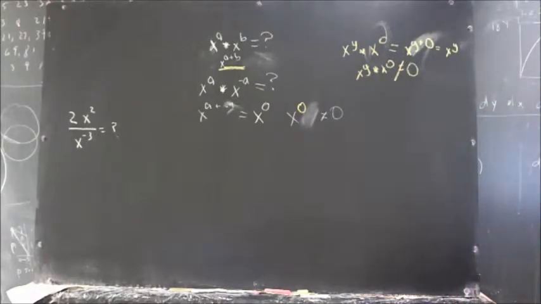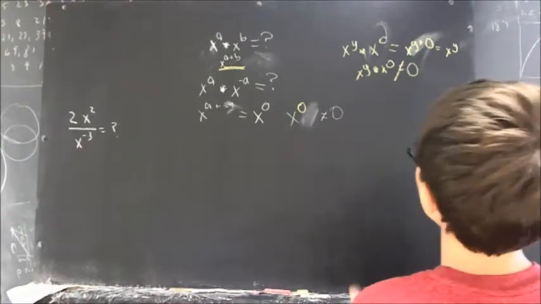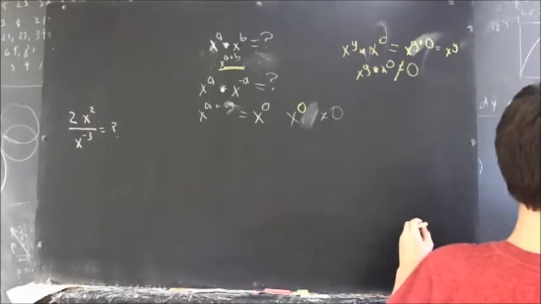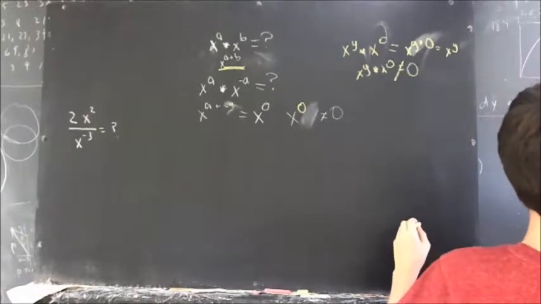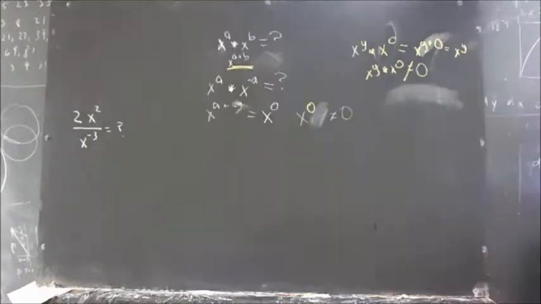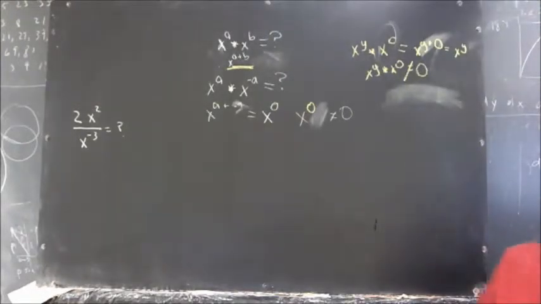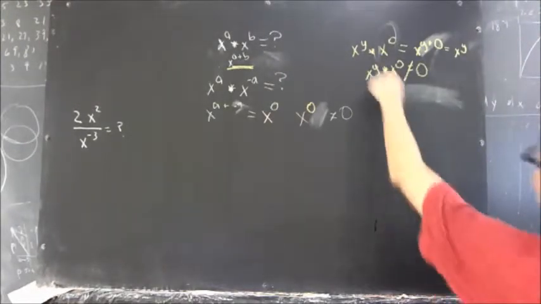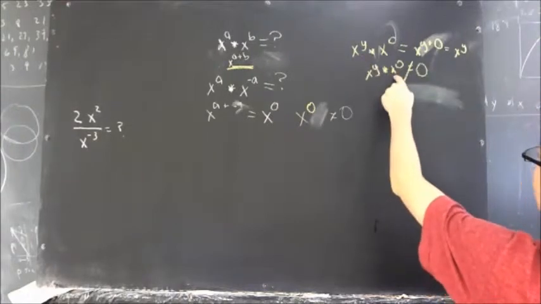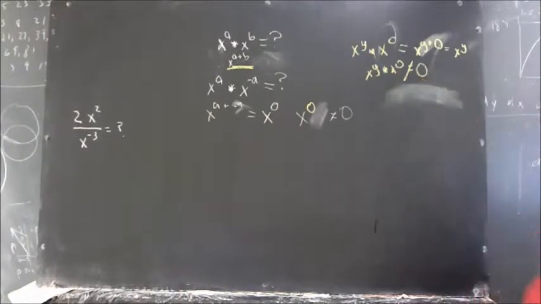And if you think about it for a minute, what else are you doing here? Alright, so you concluded that x to the 0 is not 0.